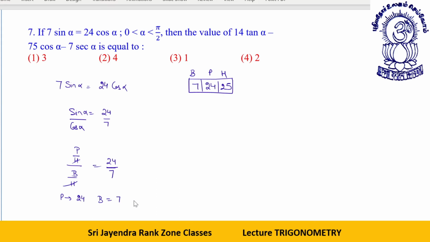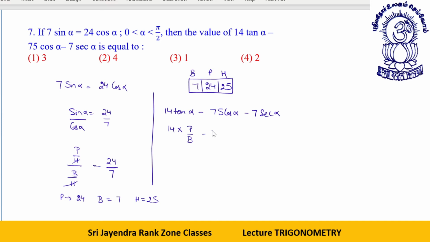Now what is being asked? 14 tan alpha minus 75 cos alpha minus 7 sec alpha. Tan alpha is P by B, cos alpha is B by H, sec alpha is H by B.